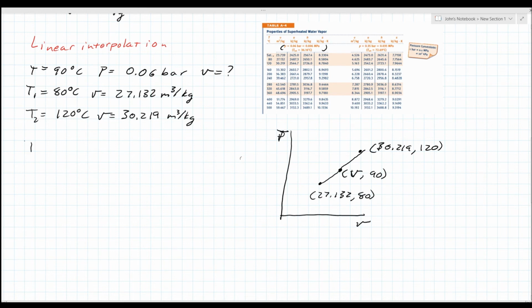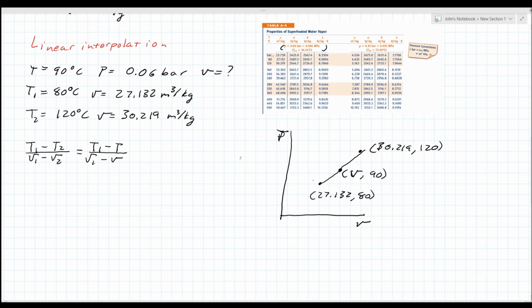So I'm going to do (T1 minus T2) over (V1 minus V2) is equal to (T1 minus T) over (V1 minus V). Now, it does not matter if you do T2 minus T1 and then T2 minus T. The equations are the same. The point is you need to create this line and find the point on that line.